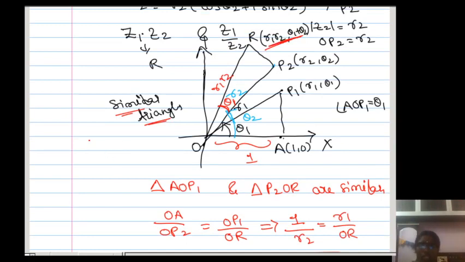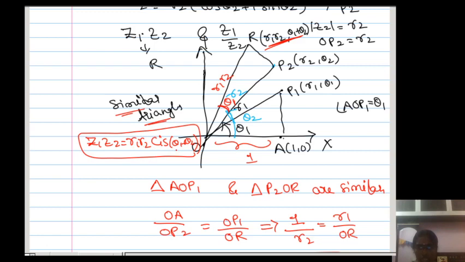So now I have written here z1 into z2 is equal to r1 r2 cis theta1 plus theta2. What is cis here? Cis means cos plus i sin theta. So z1 into z2 equals r1 into r2 cos theta1 plus theta2 plus i into sin theta1 plus theta2. I think you understand geometrically how I explained it here. First, r1 theta1 is the notation.